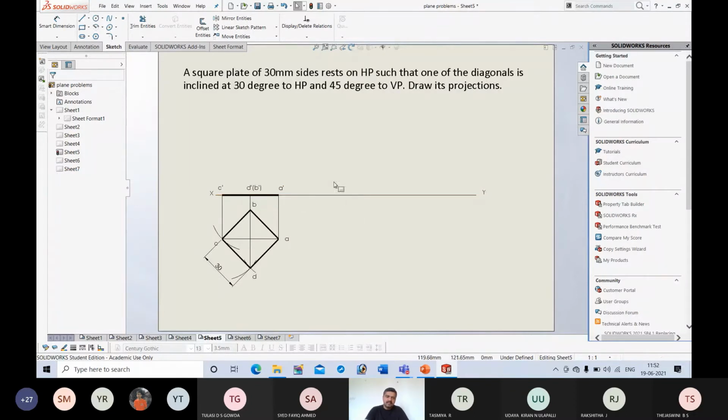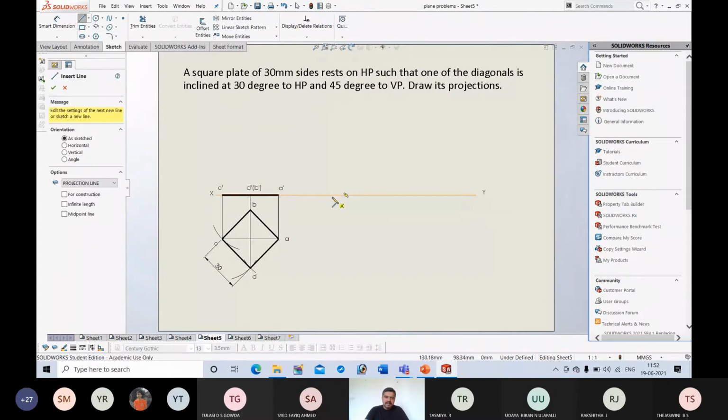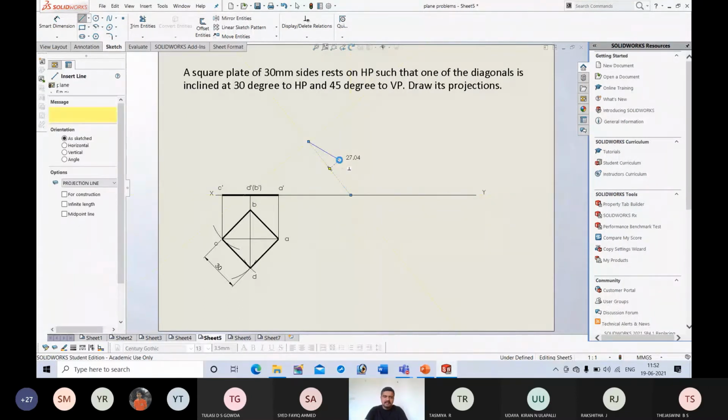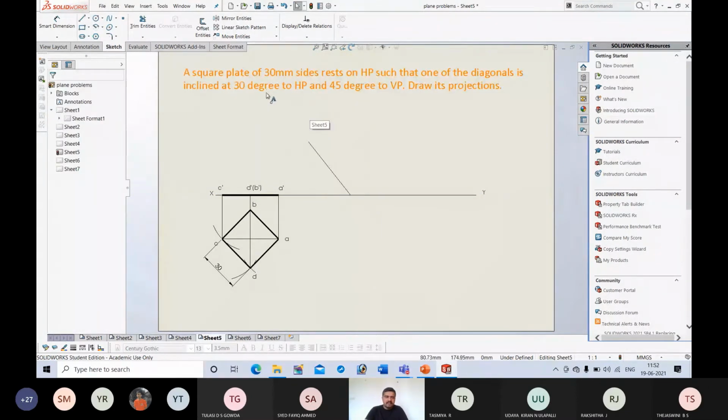Now I will make it inclined at 30 degrees to HP. So next procedure, leaving a convenient gap, consider a point on the XY line, that is A. Next, draw an inclined line, a line inclined at 30 degrees. If it is resting on HP, you should consider inclination with respect to HP first.